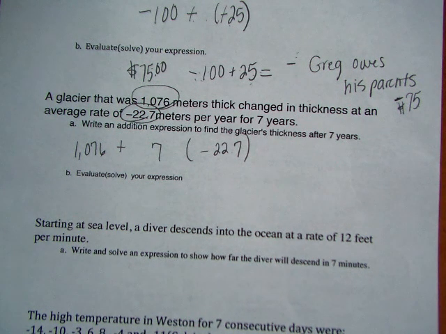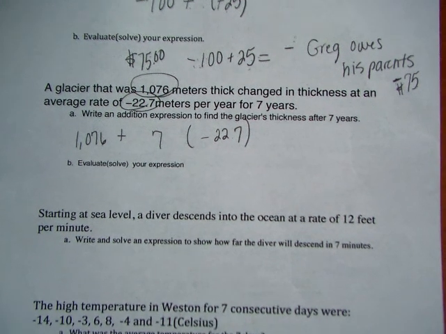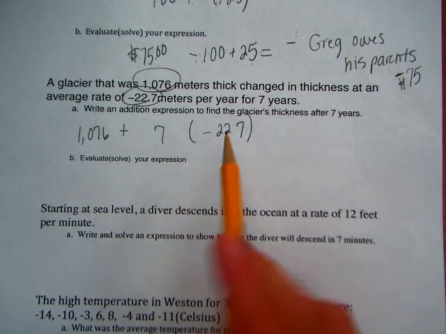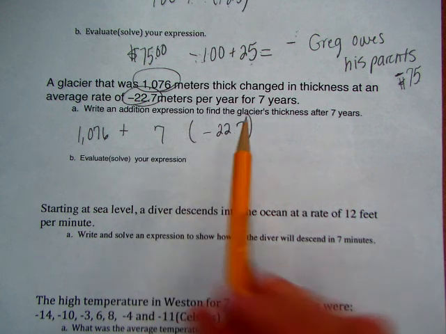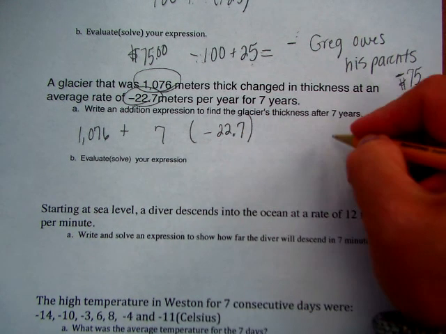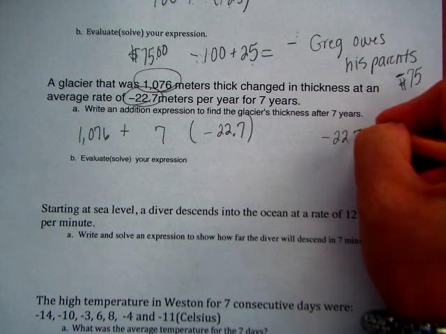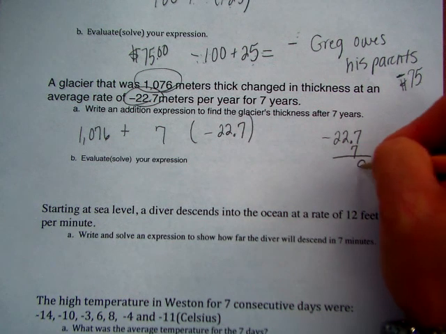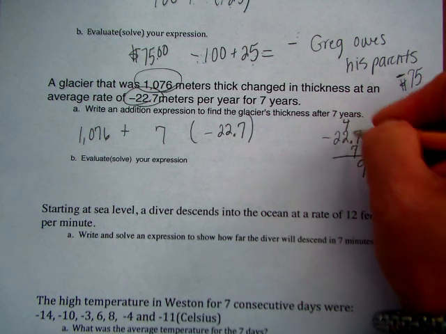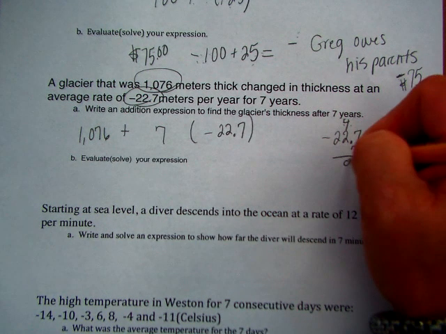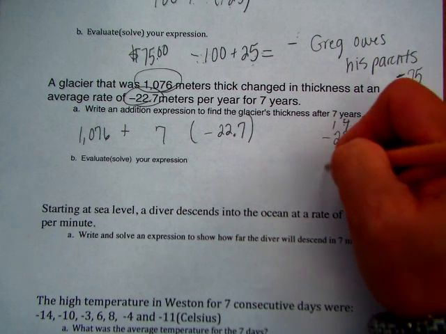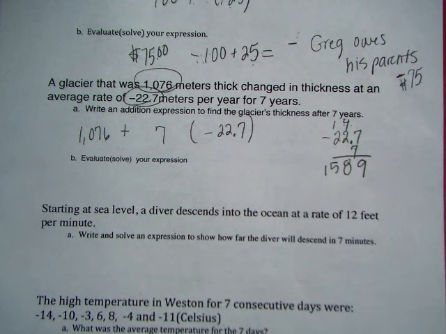So on my, I'm sorry, you guys don't have calculators. On my calculator, to do it quickly to show you, 7 times negative 22.7. I'll do it over here to the side. Negative 22.7 times 7 is 49, 14, 15, 16, 17, 18, 14, 15, and 1 decimal point.